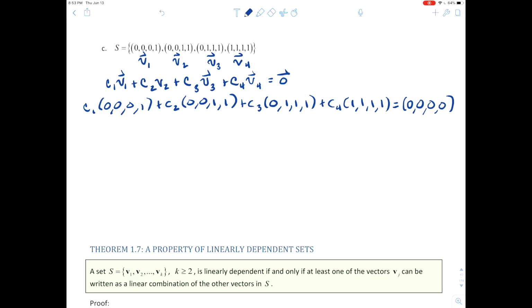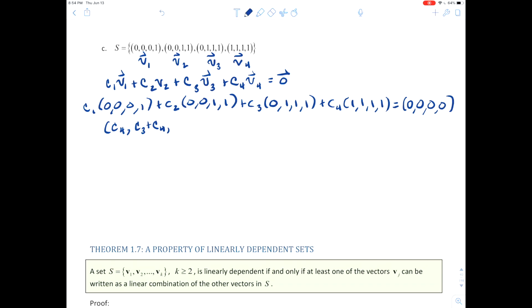Okay, getting one happy vector on the left side, what are we going to have? Well, we'll have 0C1 plus 0C2 plus 0C3 plus 1C4. So we'll have C4 and then 0C1 plus 0C2 plus 1C3 plus 1C4. So then we'll have C3 plus C4.